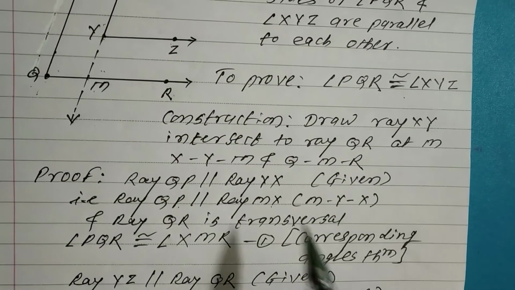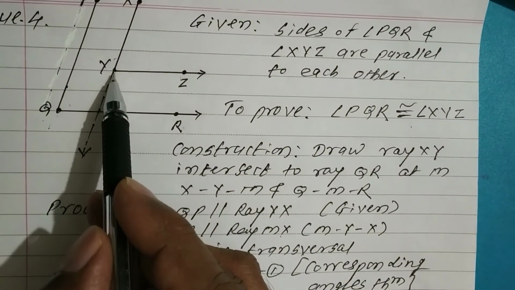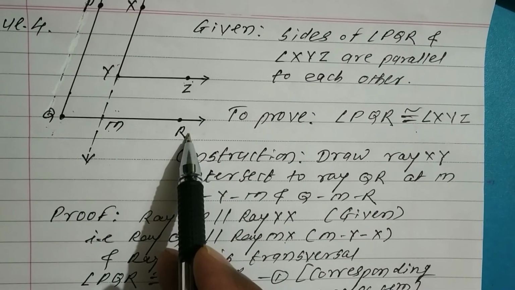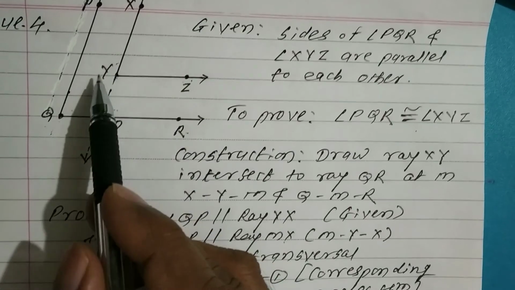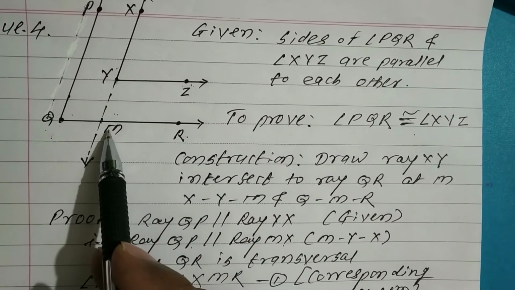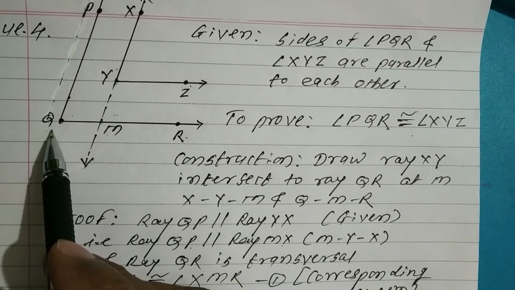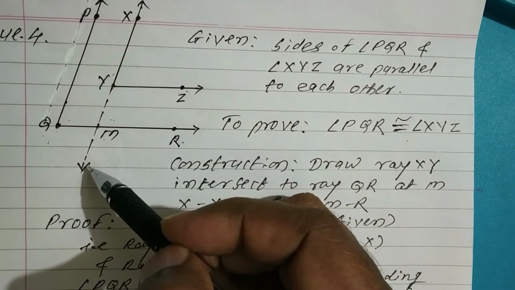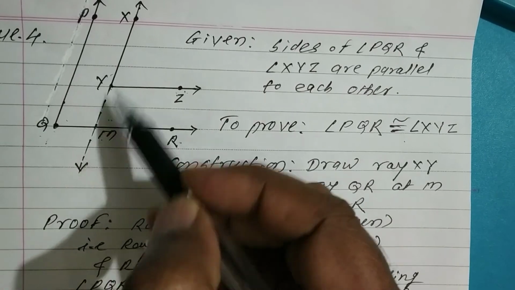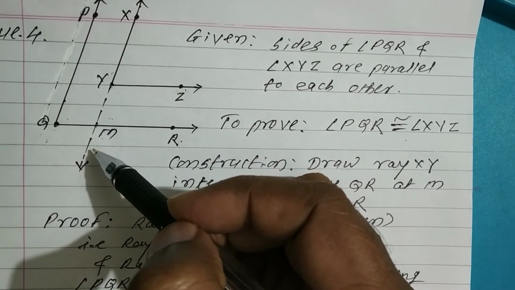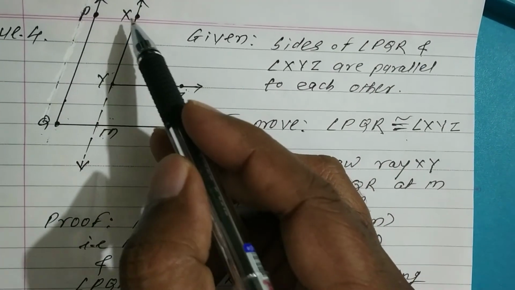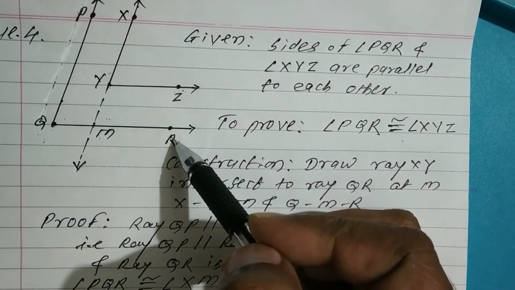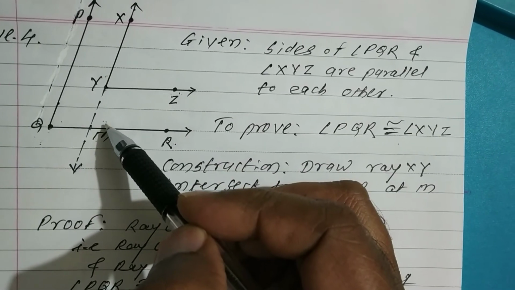Again, from figure ray YZ parallel to ray QR, this is given. You also write this ray YZ parallel to ray MR because QMR betweenness. And if you take XM as the transversal, then angle XYZ congruent to angle XMR, corresponding angle theorem.